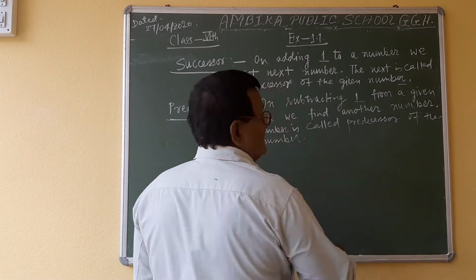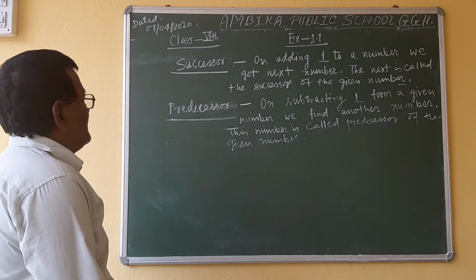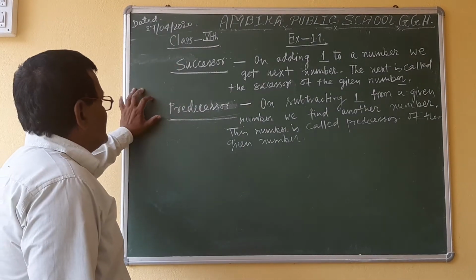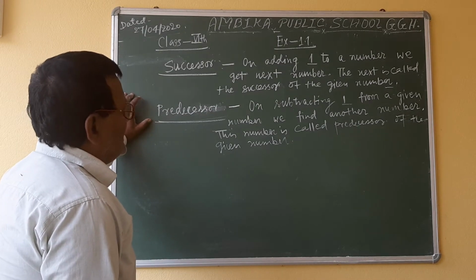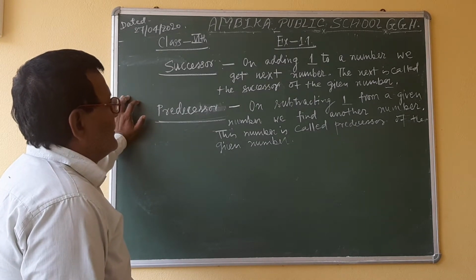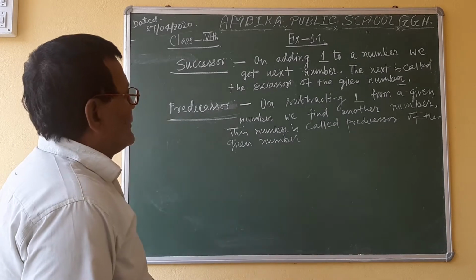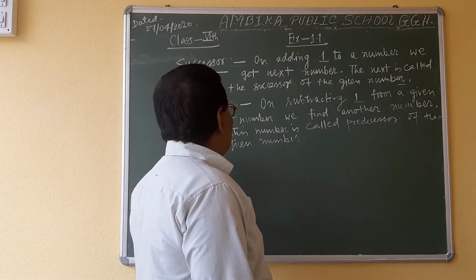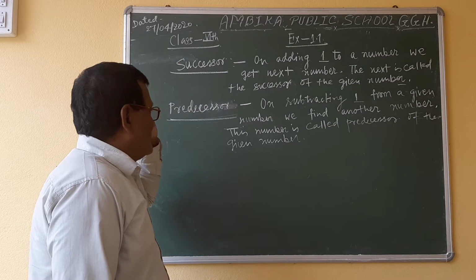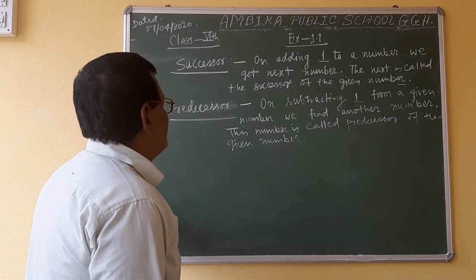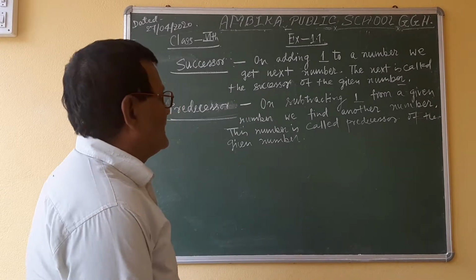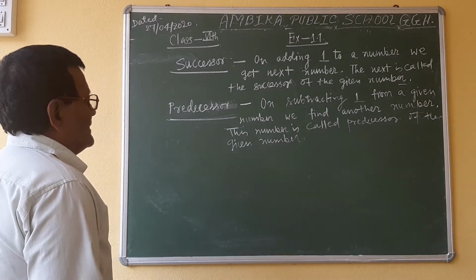If you are asked to find the predecessor of a number, then you will subtract 1 from the given number. After subtracting, you will find a number, and this number will be called the predecessor of the given number.